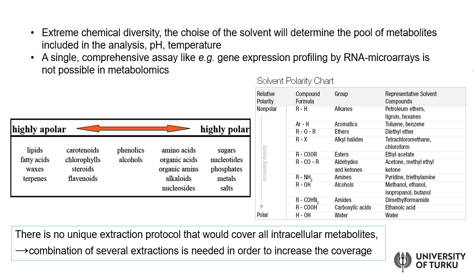So that would be something in the middle of that red arrow: phenolic compounds, alcohols, also some amino acids, and this sort of constituents. So we typically are in what we call the semipolar range, not in the extreme polar or extreme apolar. Those we need specific analytics to focus on.